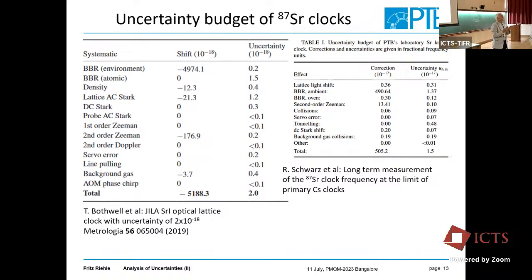If you operate it at the magic wavelength, you can do this only with an uncertainty. You have to measure this effect, and you have to make sure that your magic wavelength is exactly the same all the time. Yes, and so you have to estimate what the shift could be.